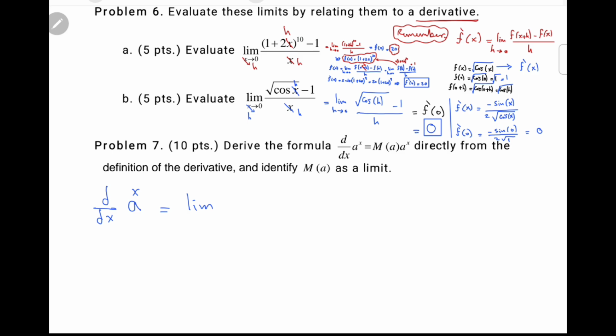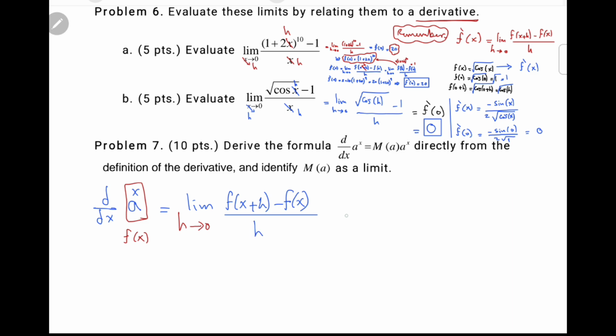So if this is the function f of x, then we have the definition limit as h approaches 0, f of x plus h minus f of x divided by h.